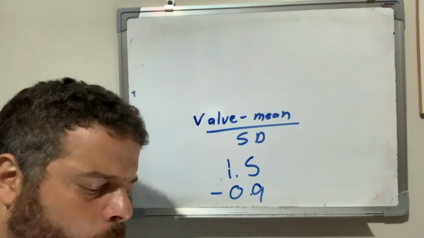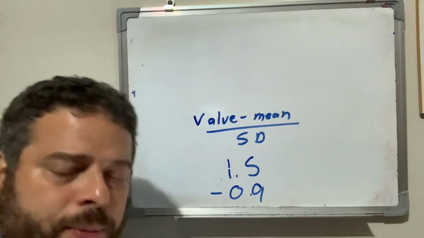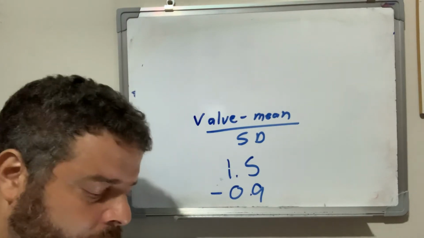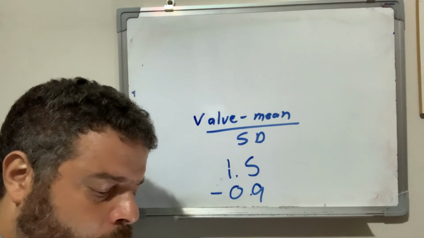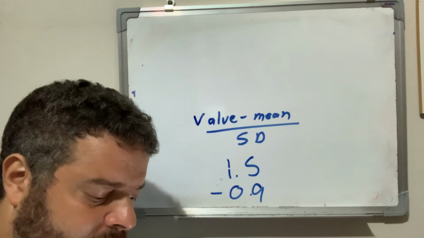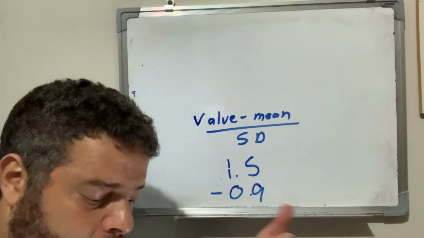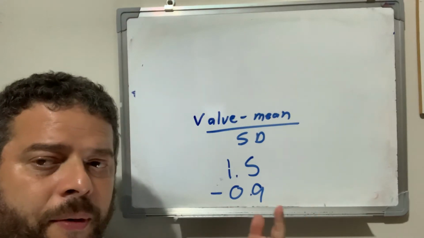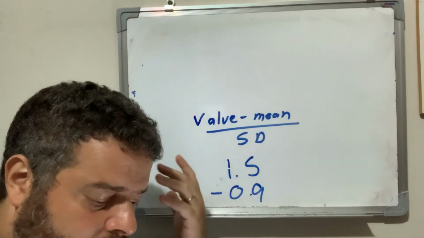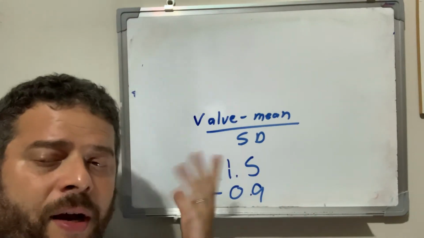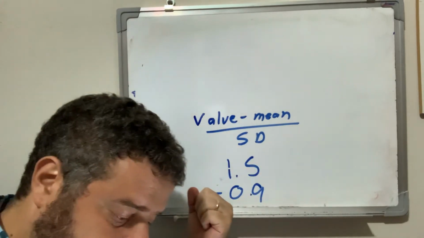Now, let's go over the effects of adding or subtracting a constant. When you add or subtract a constant, the measures of center and location, meaning the mean, the 5-number summary, and the percentiles, all get shifted up or down by that value.